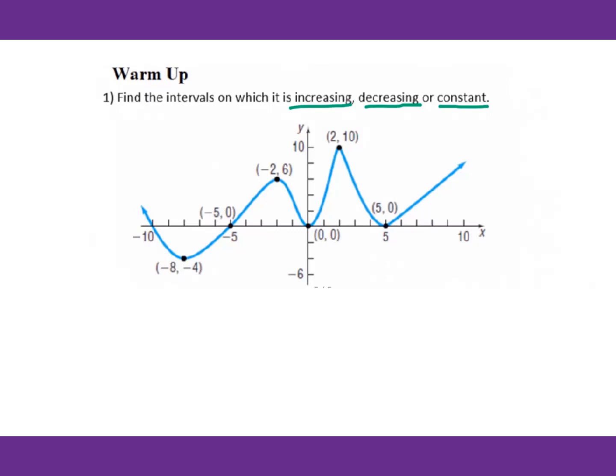Therefore, first of all, let's find the increasing graph. This is an increasing graph. And this is an increasing graph. Therefore, for the increasing intervals, we're looking for the domain. When you talk about intervals, it means domain.